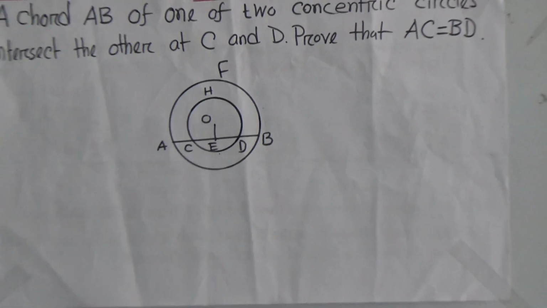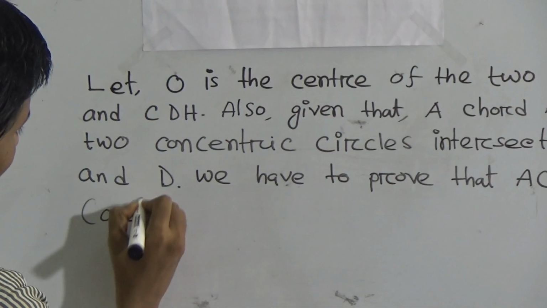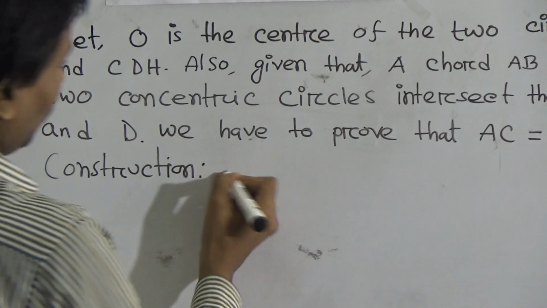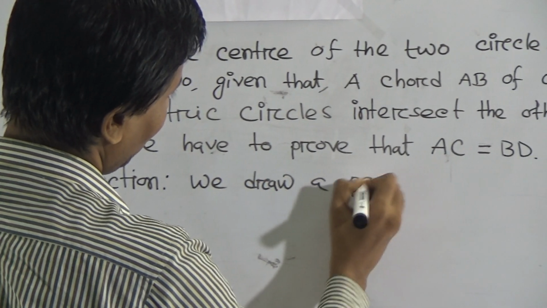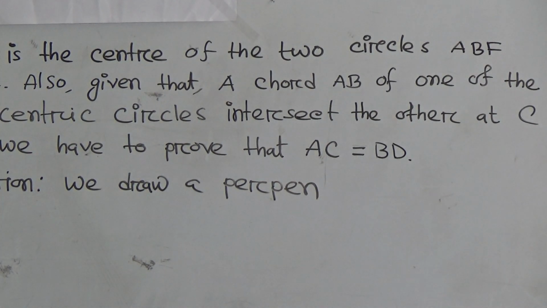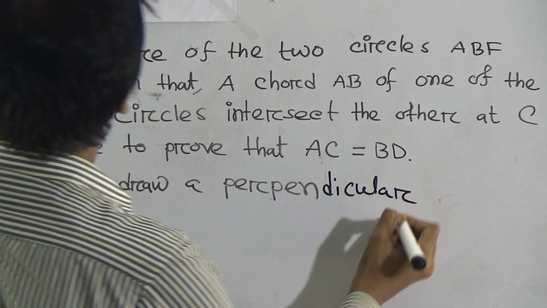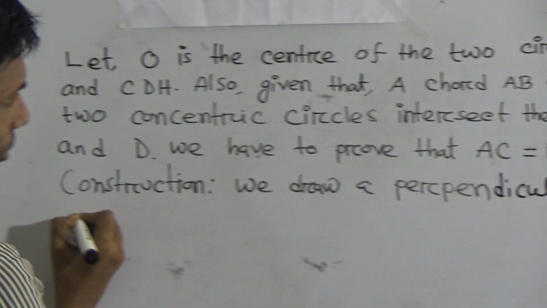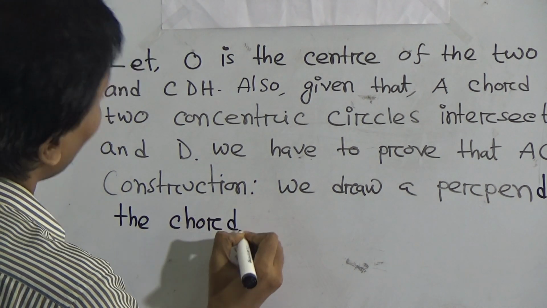Now write the description. Construction: we draw a perpendicular OE on the chord AB.